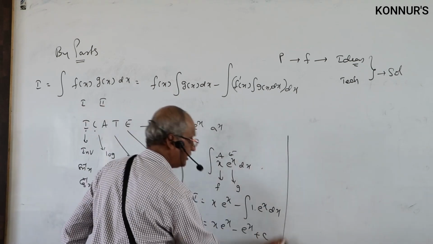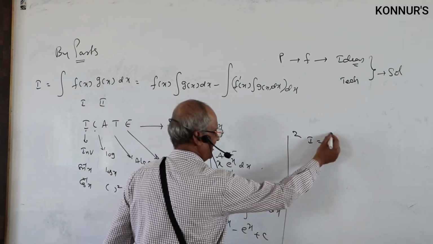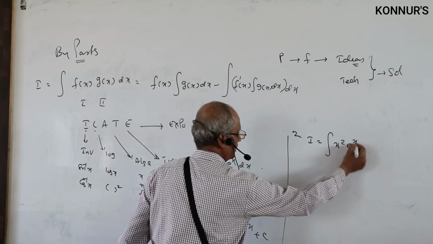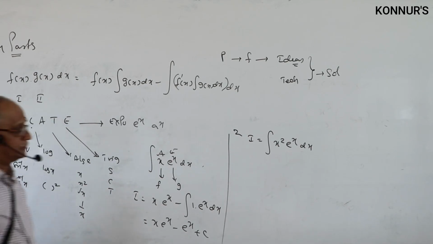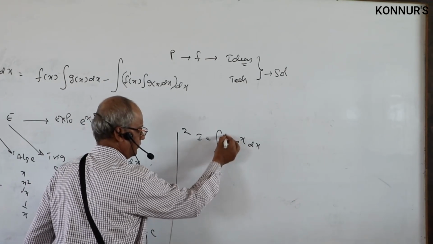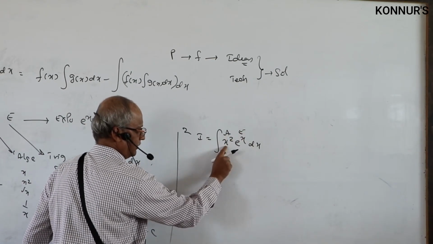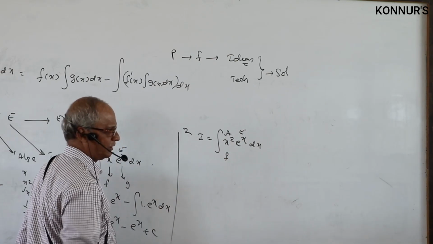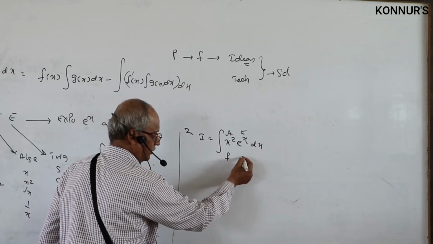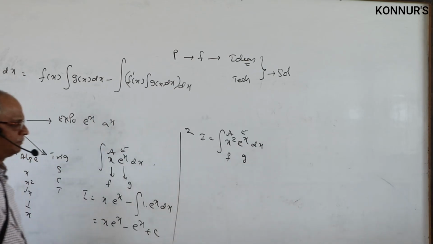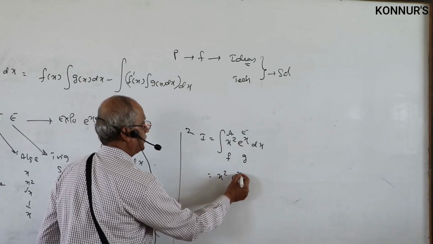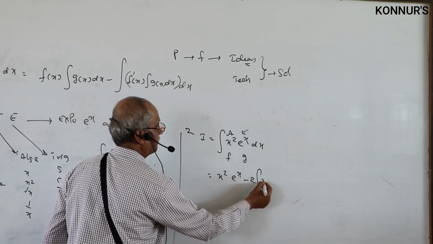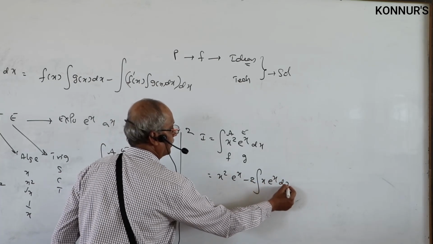Suppose I take the second problem, x square e power x dx. What is the first function? Algebraic, exponential. F of x is x square. Exponential is g of x. Using the rule f(x) into integral g minus integral f dash x integral g(x).